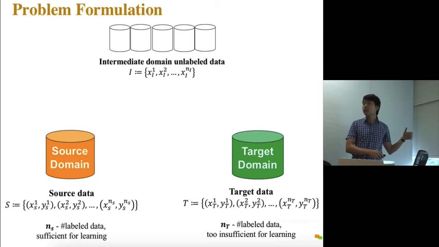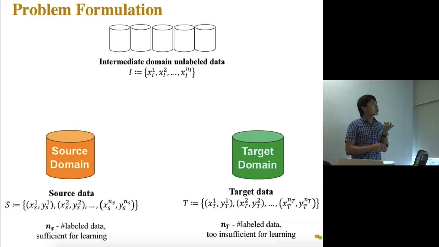So you can actually build an effective classifier for the source data. And then you also have the target data, where there are a couple of labeled data points, but it is too small to build an efficient classifier in the target domain. So that's why they cannot use a supervised learning algorithm as the classifier.